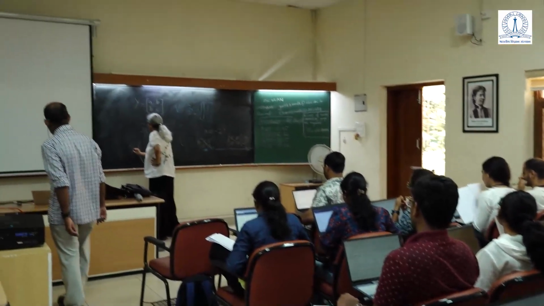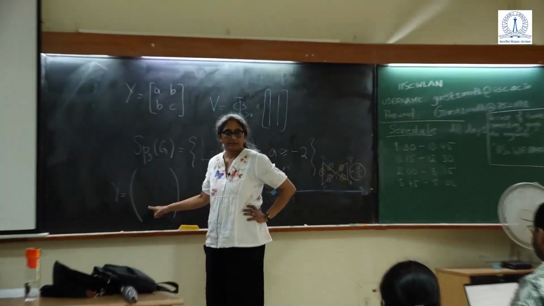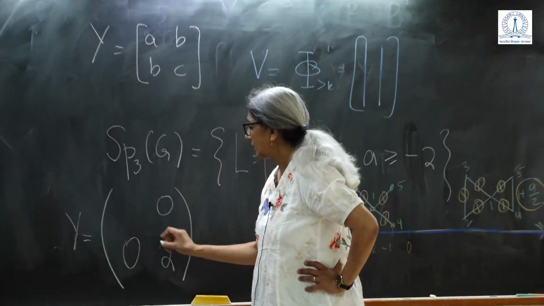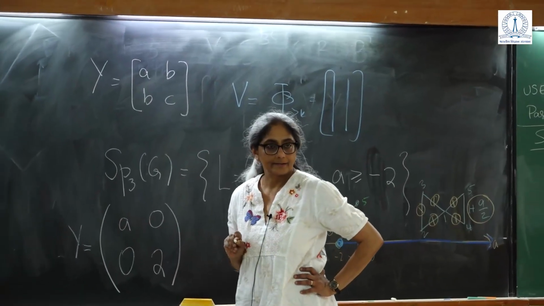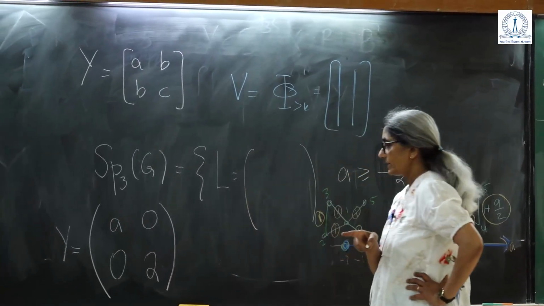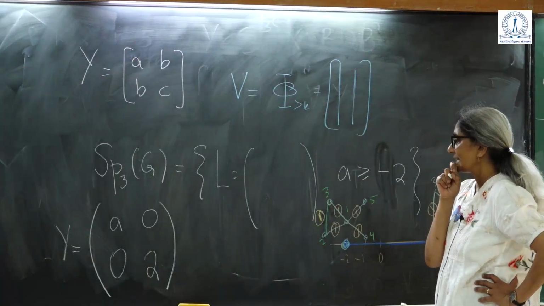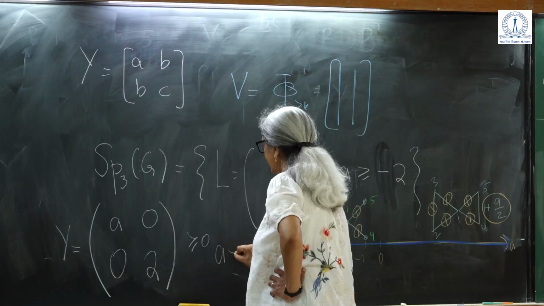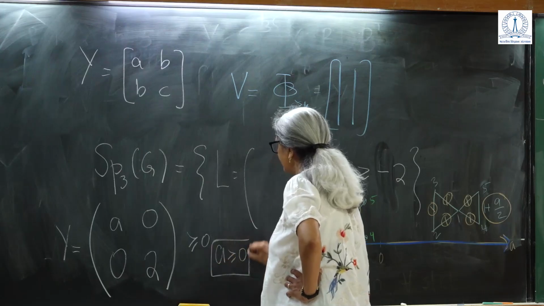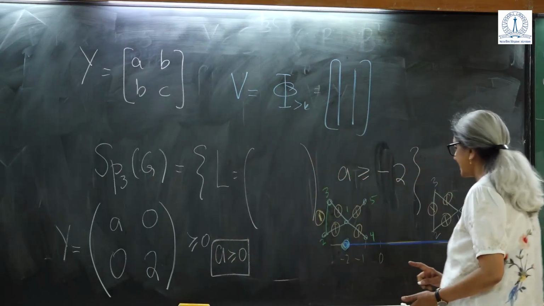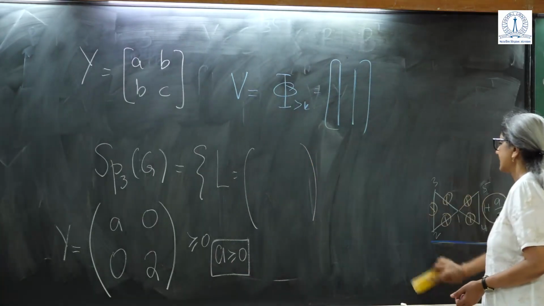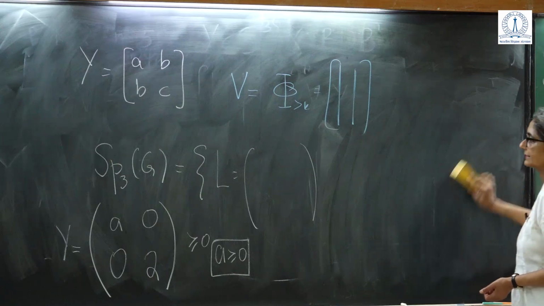We've already solved for some parts of Y, so B is 0, C is 2, and this is A. So we need this to be PSD, and the only thing we need is A greater equal to 0. Actually, we do need this. Very good, so we made a mistake. We have to take the intersection of those. Good point. Thank you.